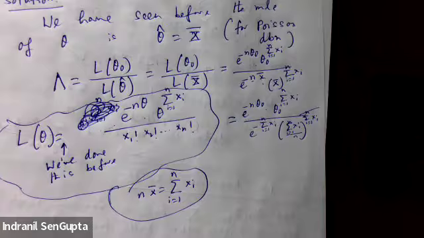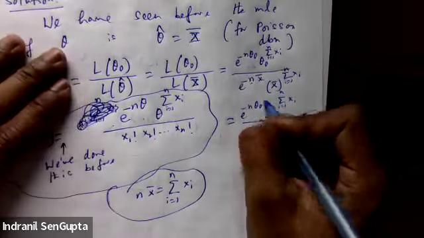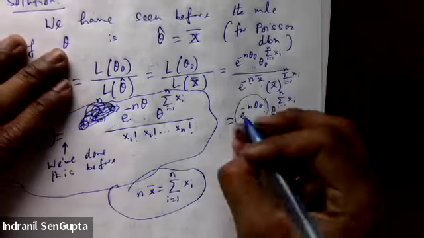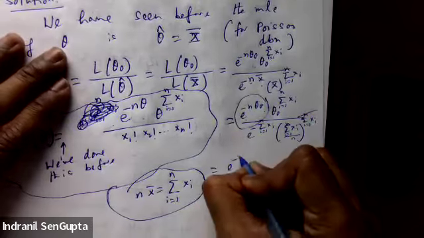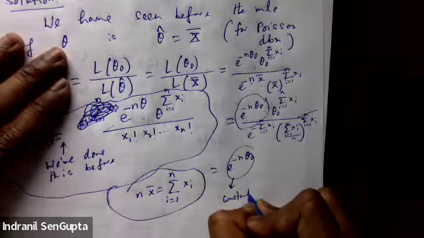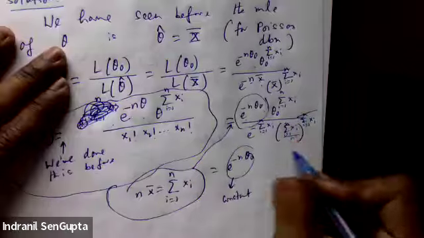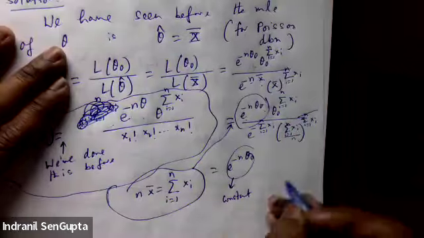Okay. Now let's try to understand this quantity. I can see that it has e to the minus n theta 0, which is a constant, times, here, can I write the following? And now follow this carefully.